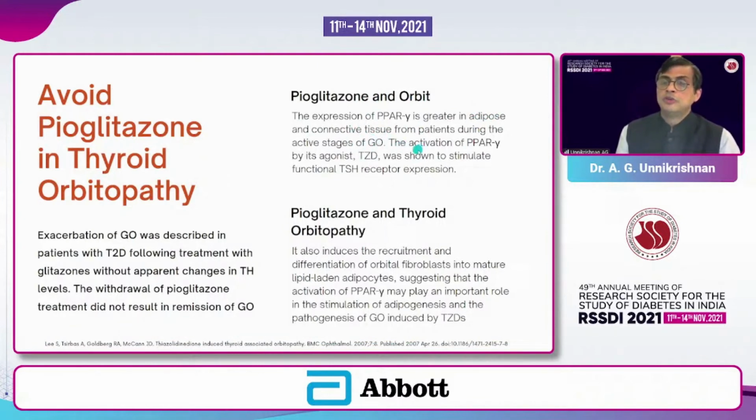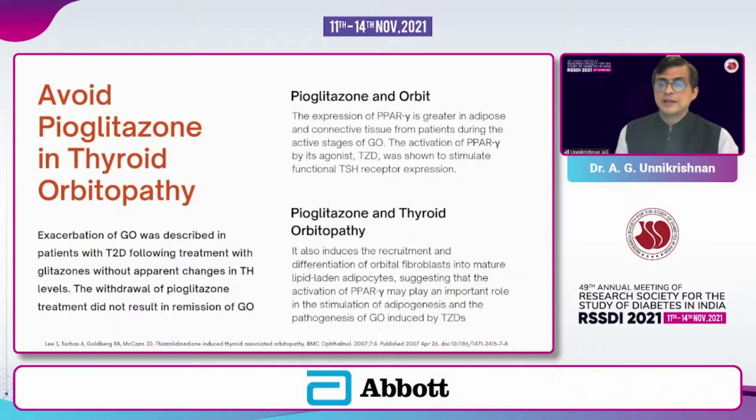So if you give pioglitazone, that activates the PPAR gamma. That activation can stimulate functional TSH receptor expression, and the TSH receptor antibody binds to the functional TSH receptor which is expressed in the orbit. So very simply put, thyroid orbitopathy overexpresses PPAR gamma. Pioglitazone stimulates PPAR gamma. Stimulation of PPAR gamma worsens orbitopathy by expressing the TSH receptor.